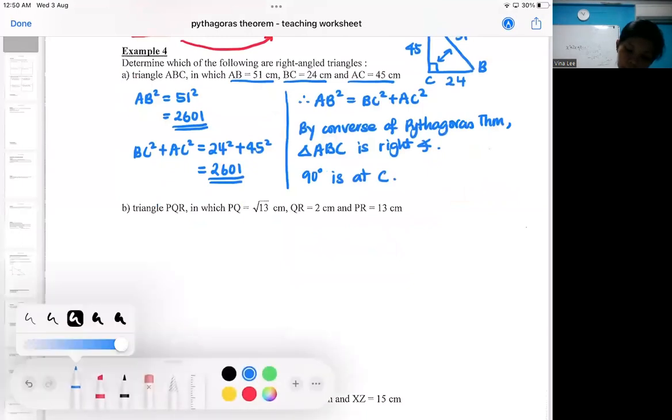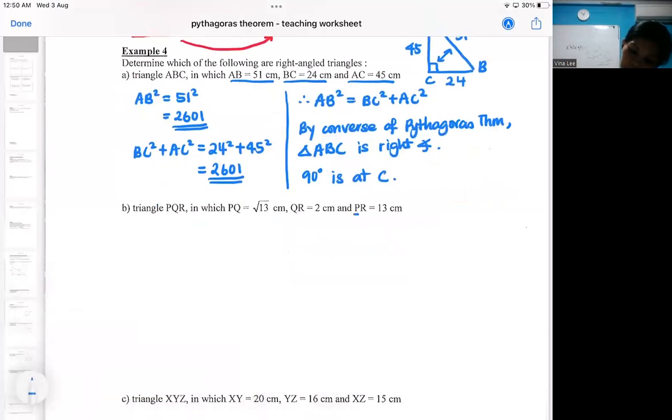Again, we look for the longest length. We have 3 lengths, and we try to observe. PR is the longest, so you punch the calculator. Then you do it for the other 2 lengths.